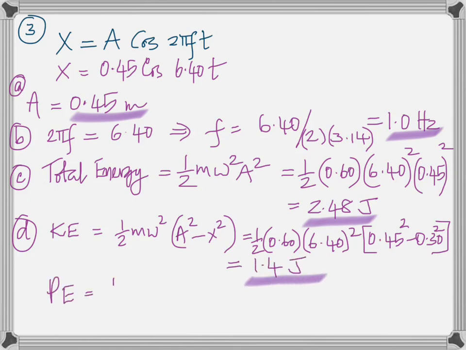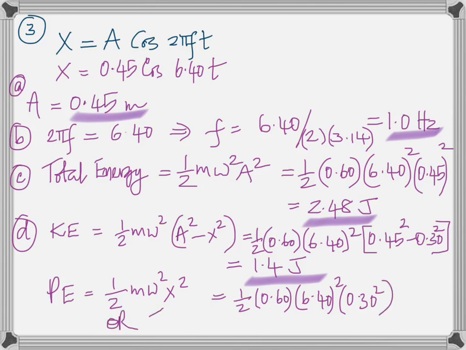And that's 1.4 joules. Now potential energy is 1/2 m omega squared x squared. You can also find it as total energy take away the kinetic energy. Both will give the same answer, which is 1.1 joules.